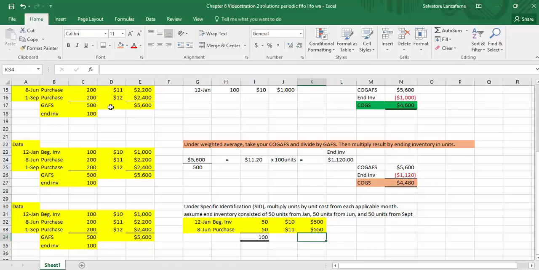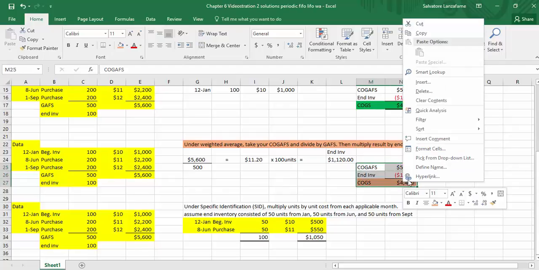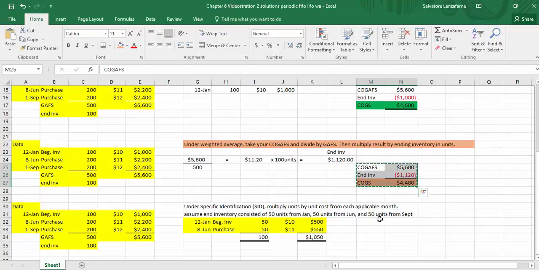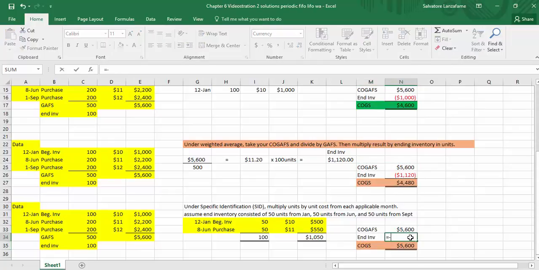So if we do the math, add the 500 and the 550, we have 1,050. Technically, as I said before, this one is the most accurate of the three. Ending inventory is now 1,050, and we end up with 4,550 as our final answer.